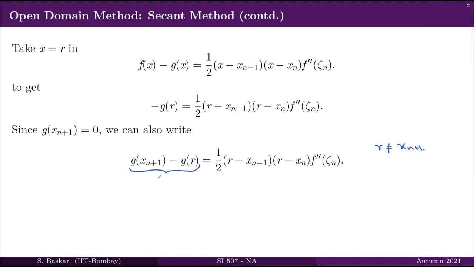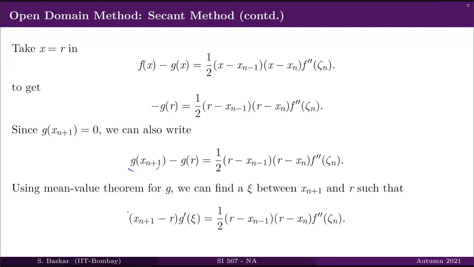What you will get, this will be equal to some g dash of say zeta times xn plus 1 minus r, right? So that I can substitute on the left hand side to get this entire term is equal to xn plus 1 minus r into g dash of some xi, which is equal to the right hand side, kept as it is.